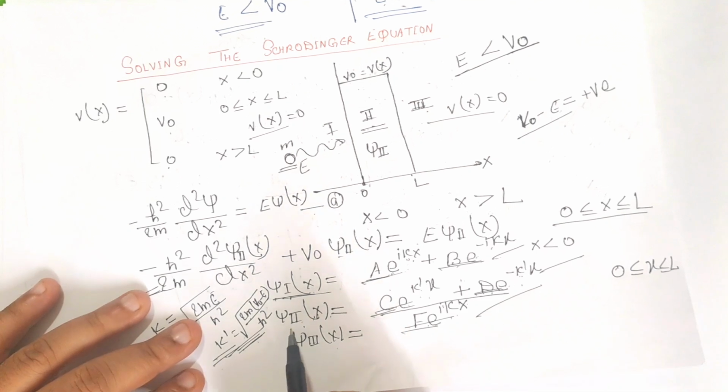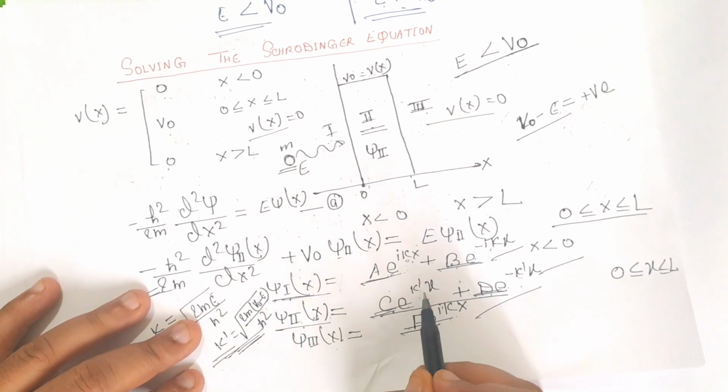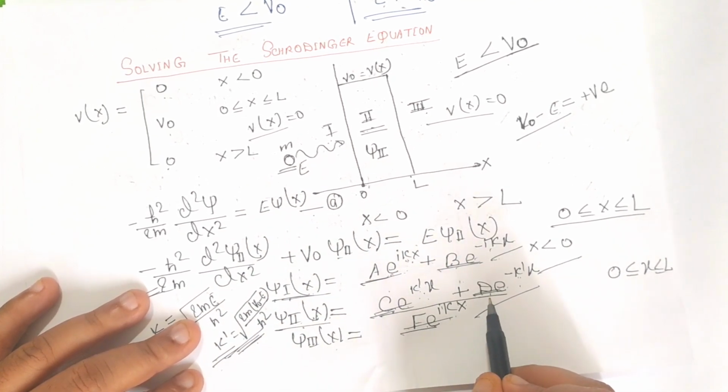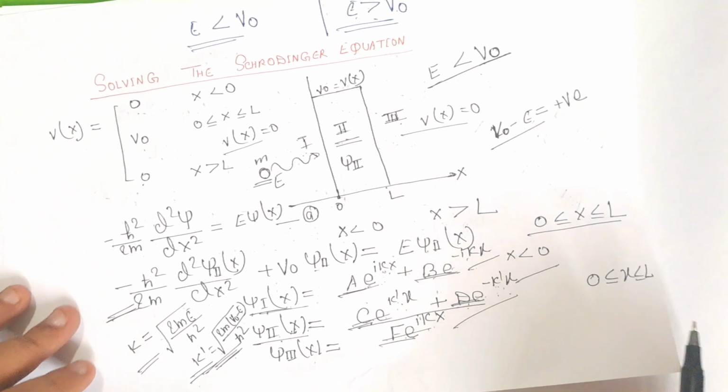Here we have to differentiate this psi 2(x) equal to C e to the power k dash x plus D e to the power minus k dash x.